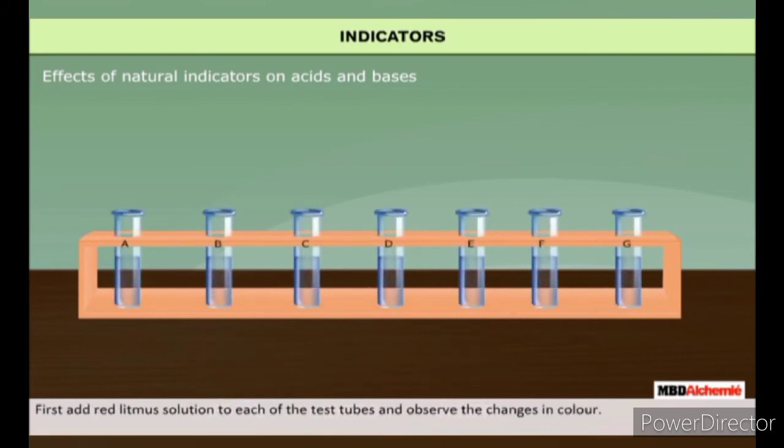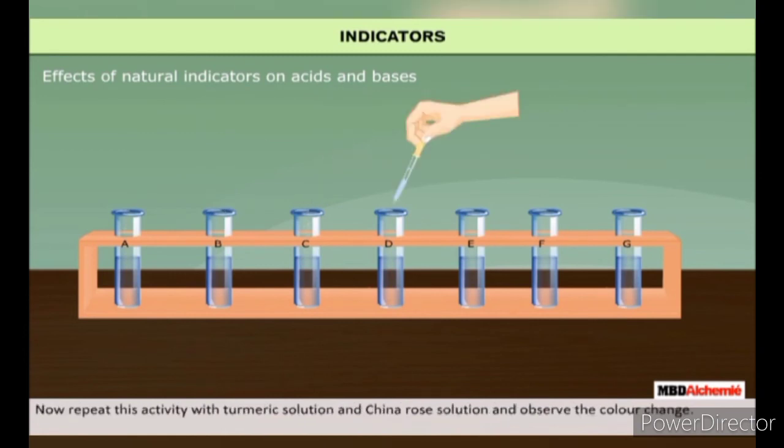First, add litmus solution in each of the test tubes and observe the change in color. Now, repeat this activity with turmeric solution and China rose and observe the color change.